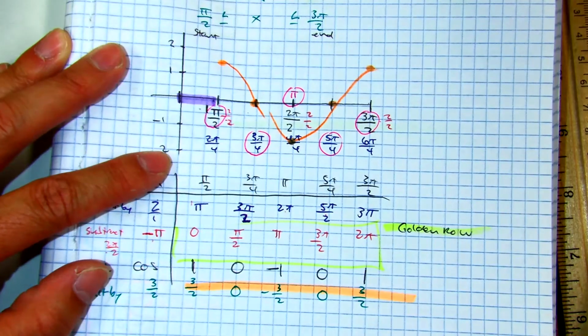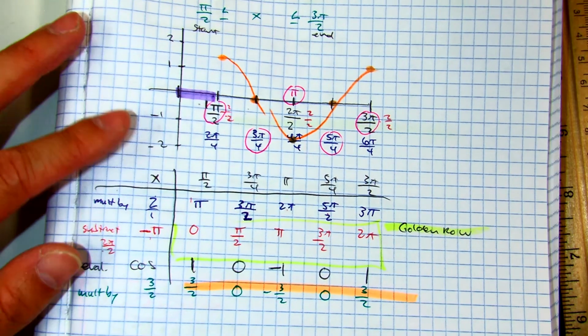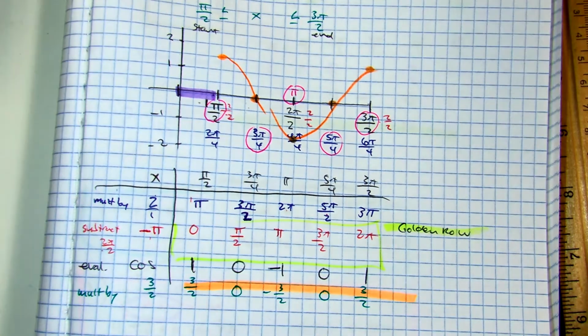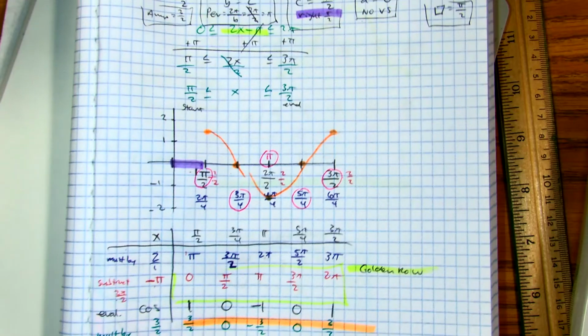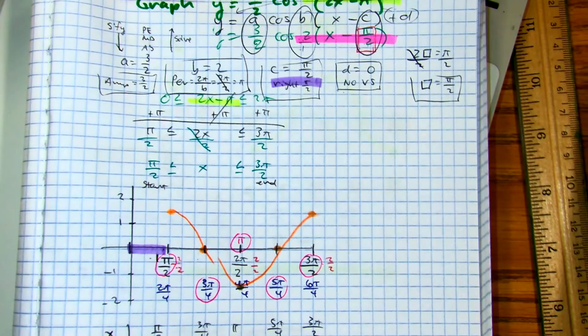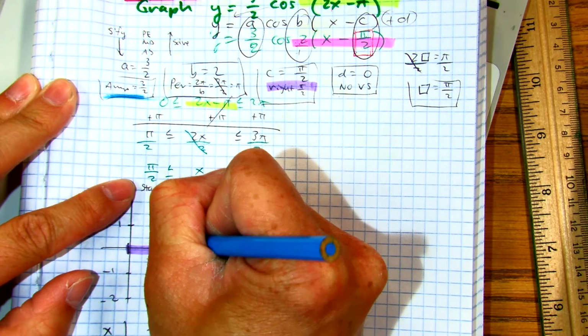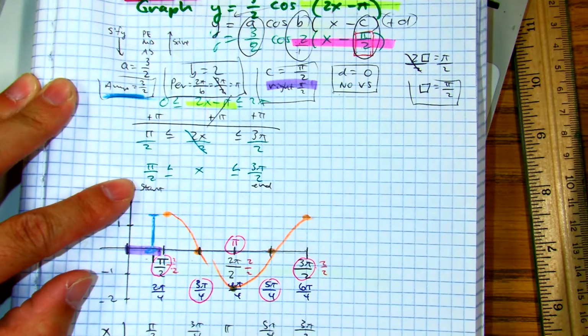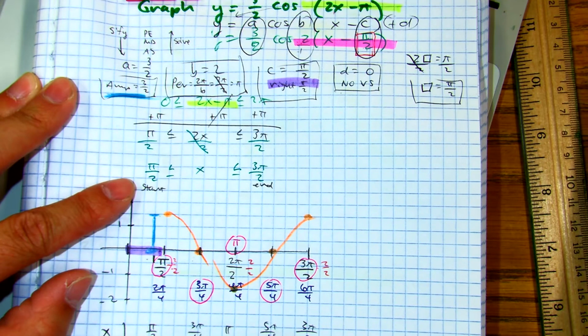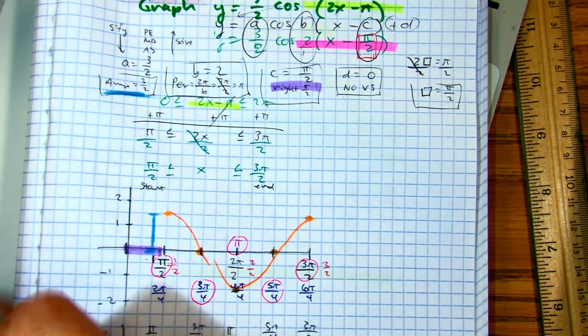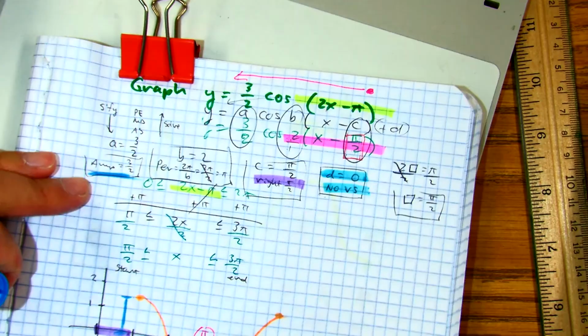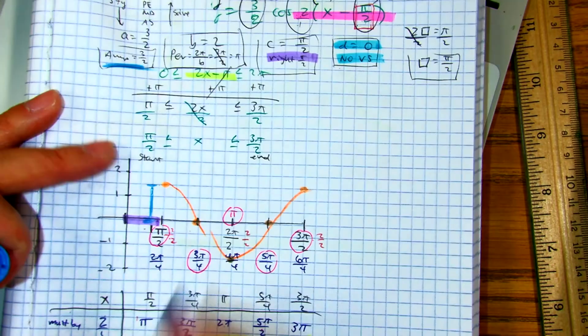Let's put all the characteristics back in so you can see where they go. The amplitude is 3 halves. The amplitude is from the max to the midline. The midline, I'm running out of colors, is actually your D value. We learned that in yesterday's lesson. This is the midline.